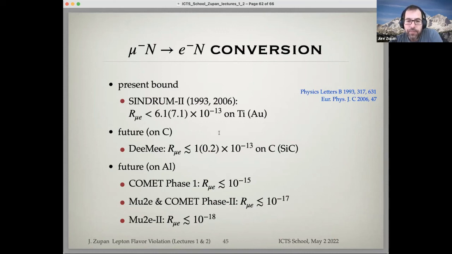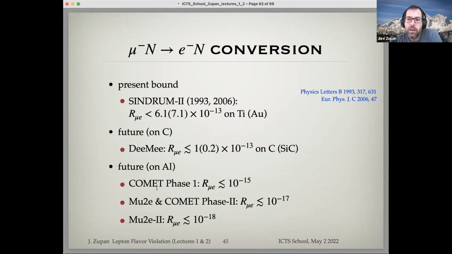Its target is a factor of, or maybe almost an order of magnitude improvement, and then another factor of a few when you have silicon carbide. And then the future, most of all of these experiments are using aluminum targets. The phase 1, 10 to the minus 15 for COMET.